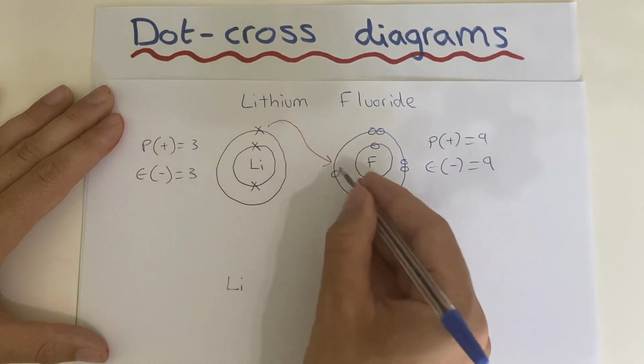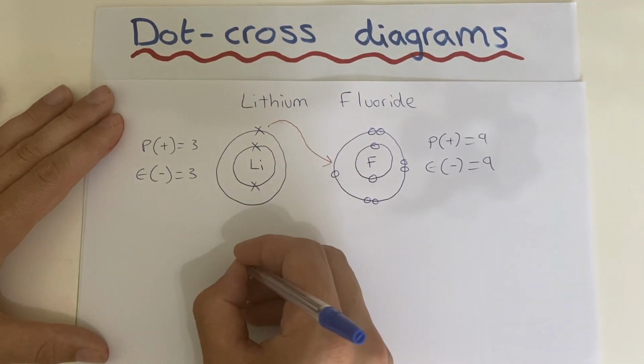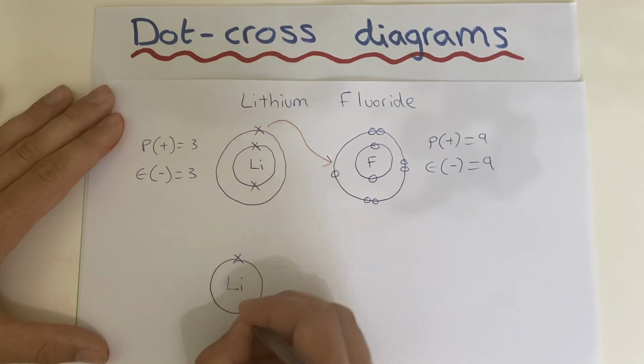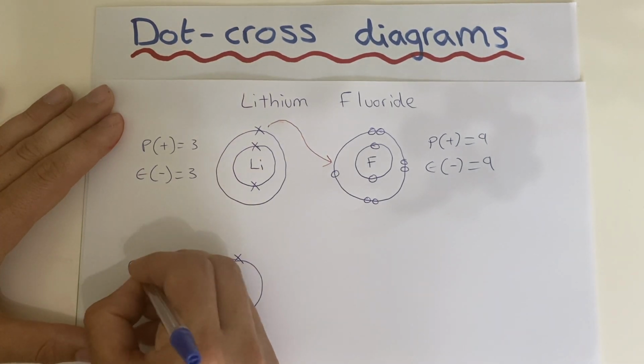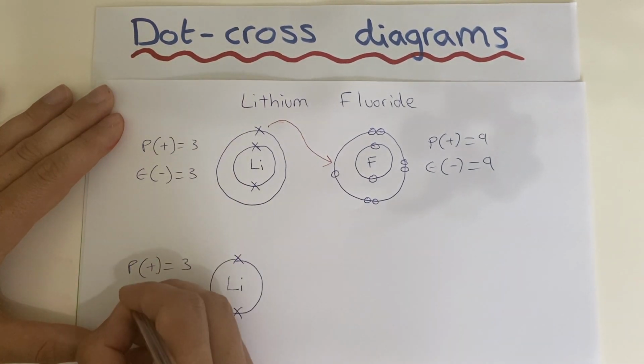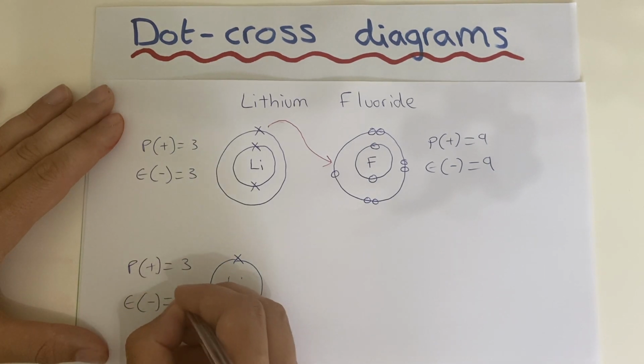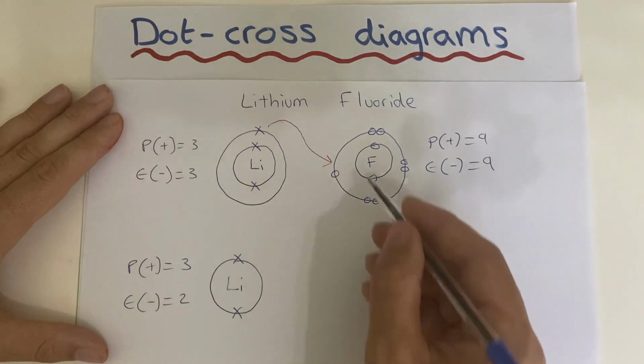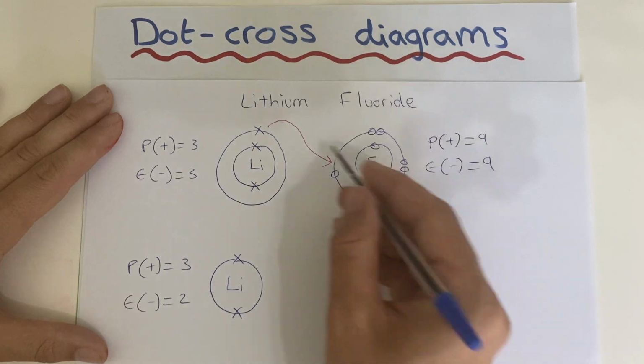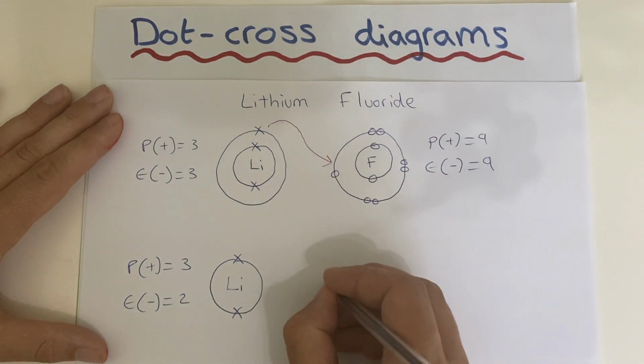So lithium, after it's lost this electron, is only going to have 2 electrons left. So it's still got 3 protons, but now it has only 2 electrons. Okay, fluorine is going to accept the electron.